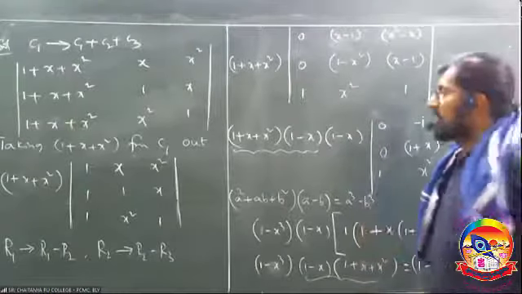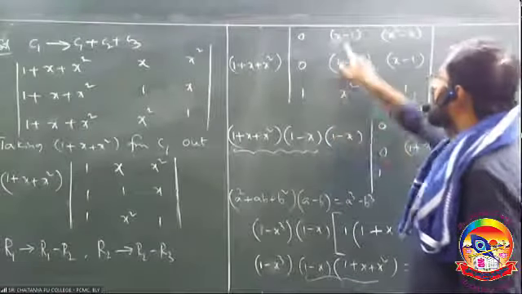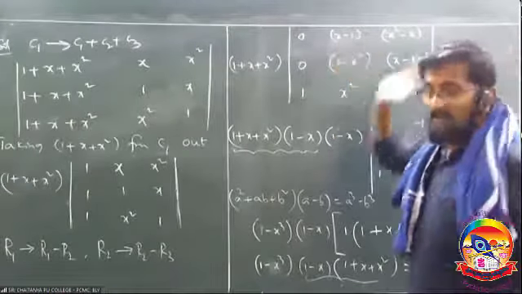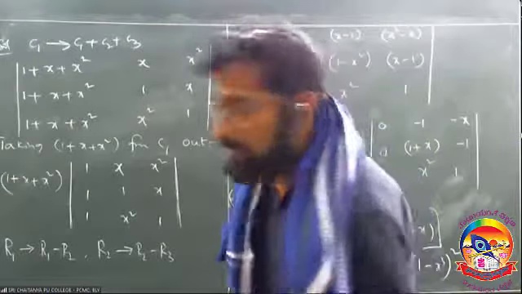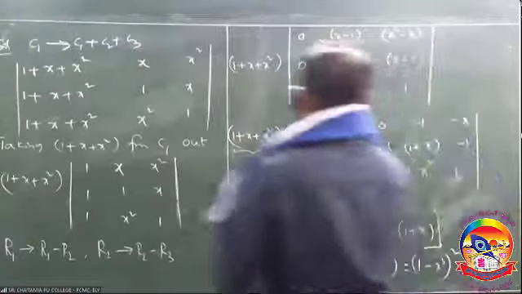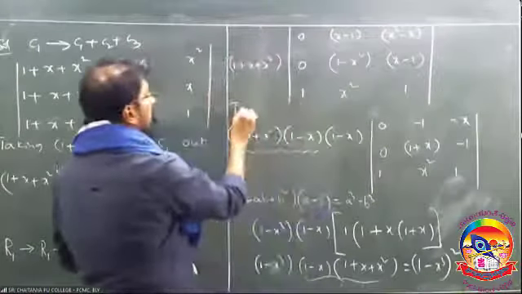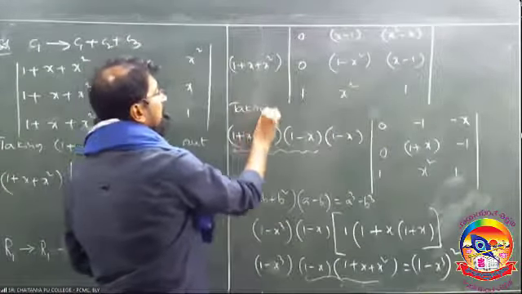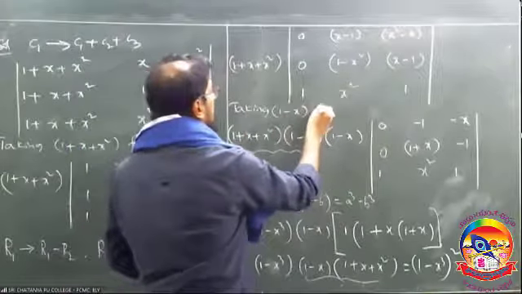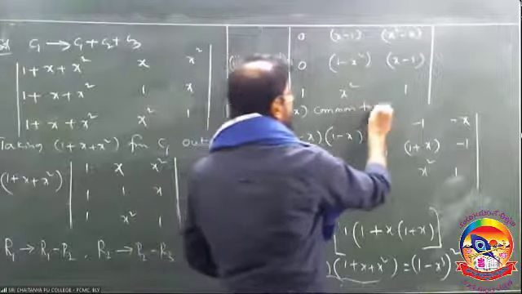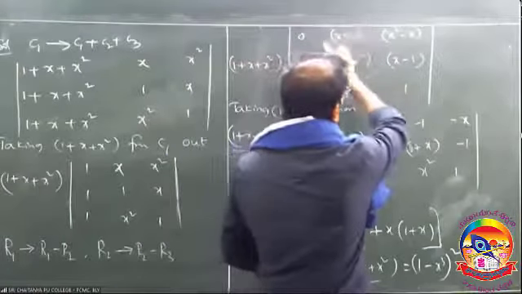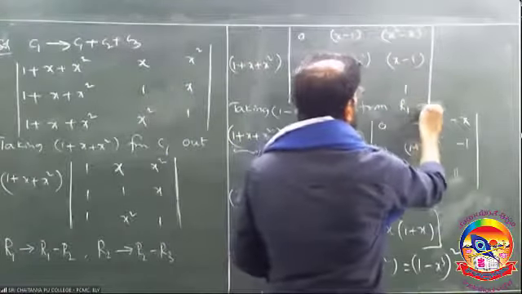Now, after this one, you just observe the RHS what has been given, 1 minus x cube whole square. So what I mean to say is you are just taking, observe I am writing here, taking 1 minus x common from R1 and R2.